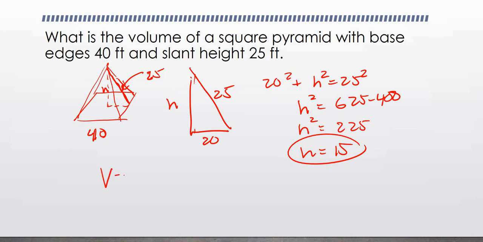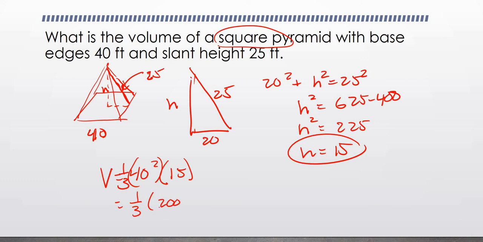So the volume of the pyramid is the area of the base. In this case, it's a square. So 40 squared times the height, which is 15. And don't forget, we're taking 1/3 of that. So that's 1/3 of the math today, 1600 times 15.